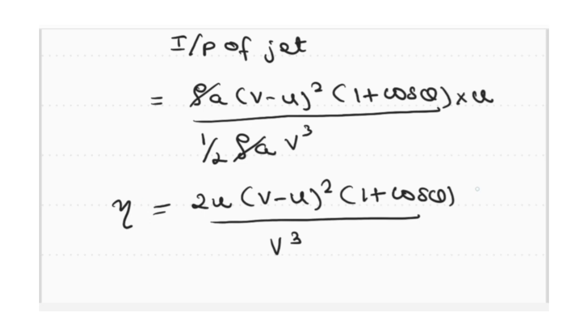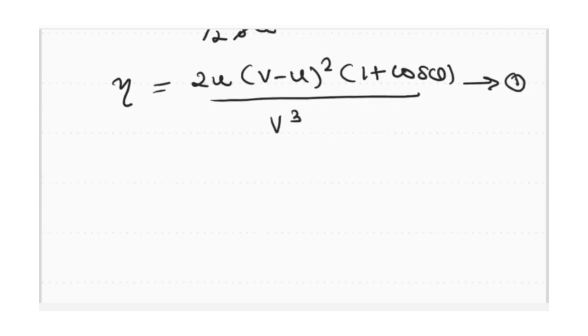That will be the efficiency, and I will name this equation number 1. To show this efficiency is maximum, that is equal to 8 by 27 into (1 plus cos theta), we should differentiate the above equation with respect to either plate velocity or jet velocity. Both will yield the same answer, so I will differentiate with respect to plate velocity u.